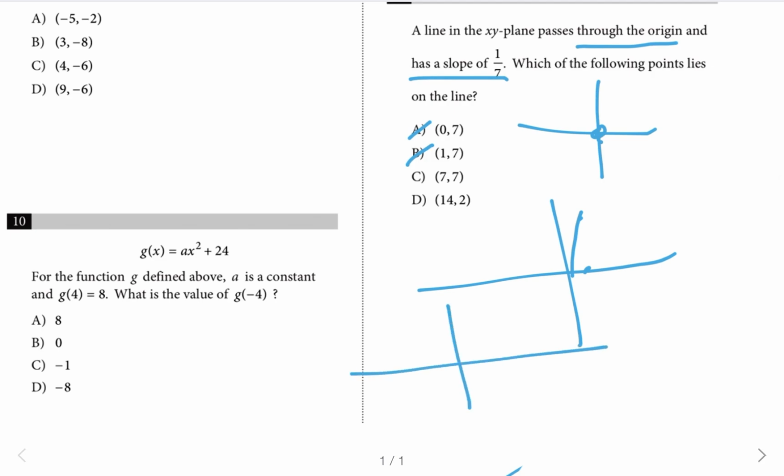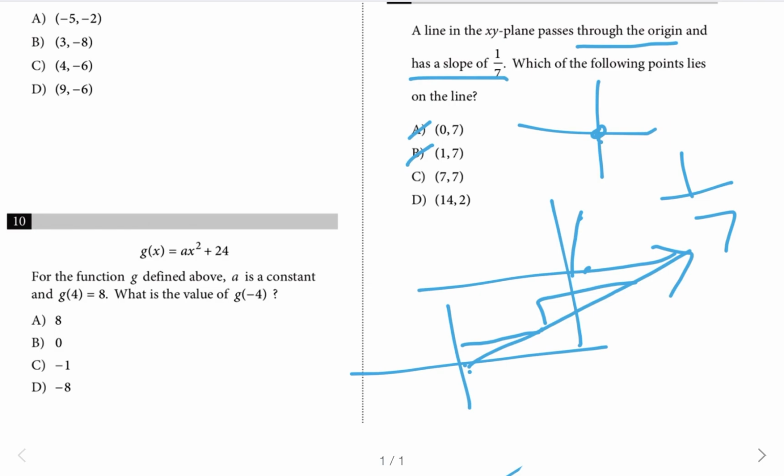Our slope is saying that 1/7 is equal to rise over run. So as it rises up 1, it moves 7 forward. And as it rises up again, it moves 7 forward. And like that, our line's going to look something like this right there.